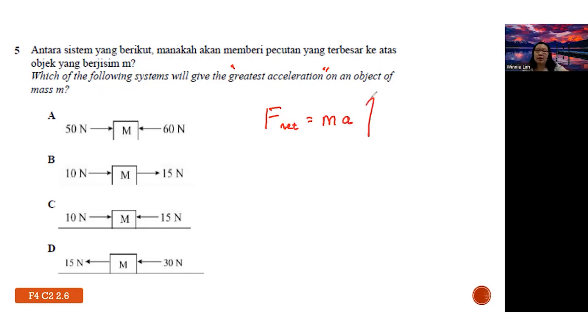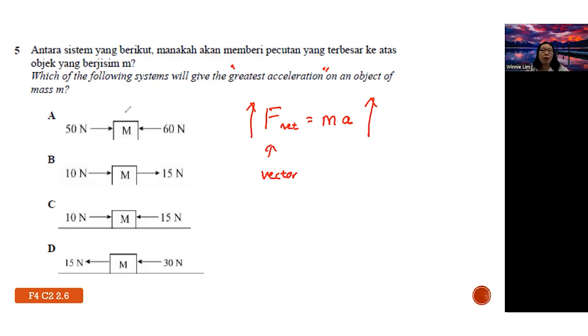You want the greatest acceleration, hence your resultant force or net force must be the greatest. Among these 4 options, force is a vector quantity, so direction is important. If they are in opposite directions, you have to denote one of the directions as negative.